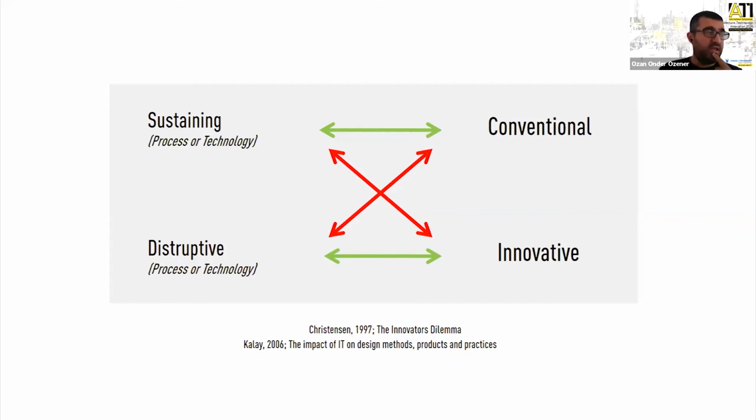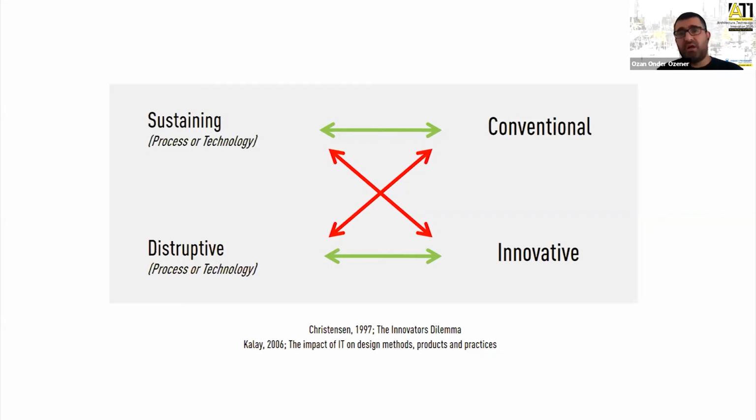Let us attach some examples to this. Sustaining technology, likewise, we use CAD, right? We use CAD and drafting tools, and we use surface modeling tools. And we have conventional processes, like we draw stuff, we model stuff. And sustaining technologies are proven to be effective on these conventional processes.